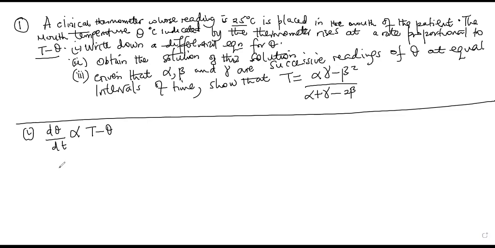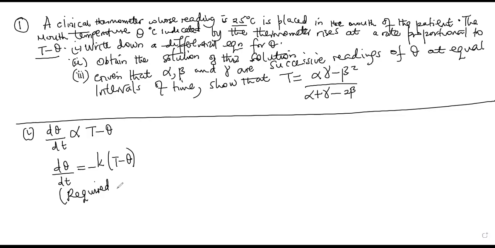But remember, the temperature decreases, and when the temperature is decreasing, it means we shall say that d theta dt is equal to negative k, that is a constant, times T minus theta. All right, so this is the differential equation that is required.